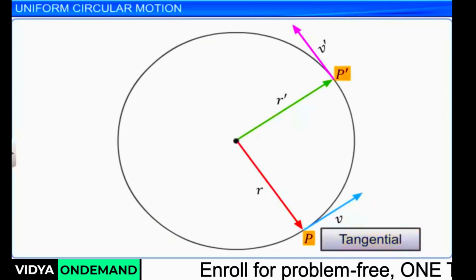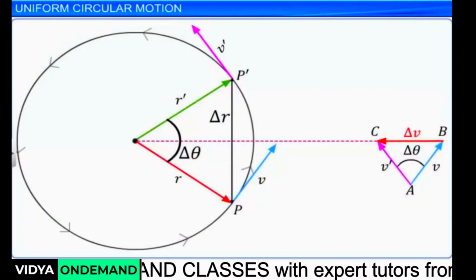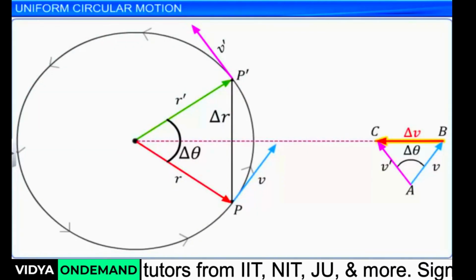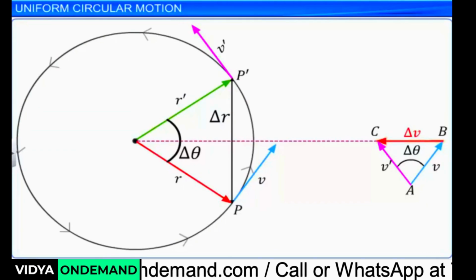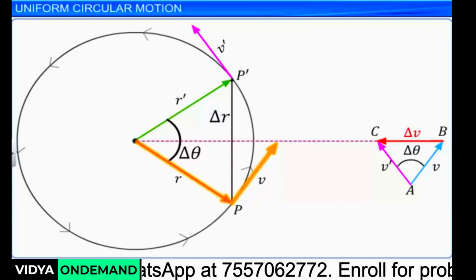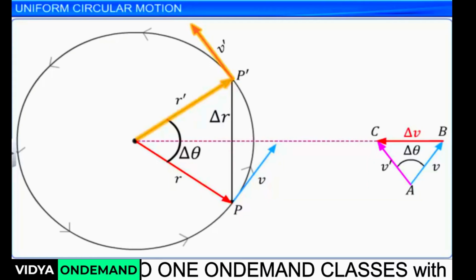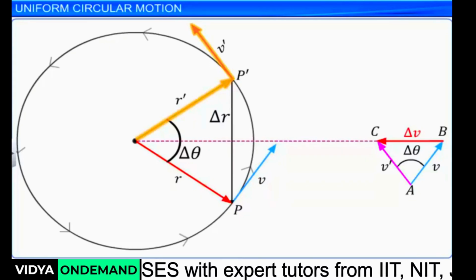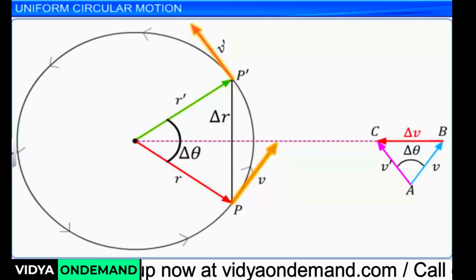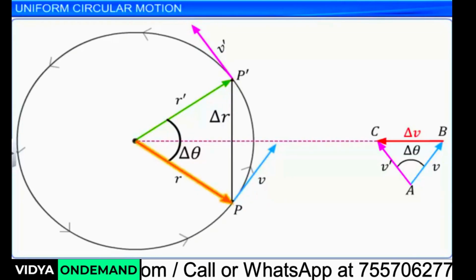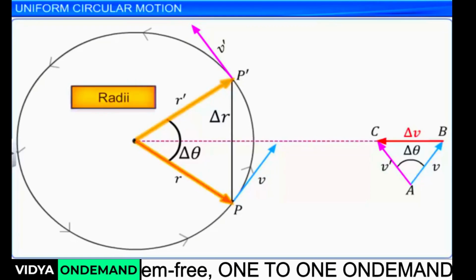The change in velocity, delta V, is obtained by using the triangle law of vector addition. V and R, as well as V' and R', are perpendicular to each other, as V and V' are tangential to the circle, and R and R' are the radii of the circle. Therefore, delta V is perpendicular to delta R.